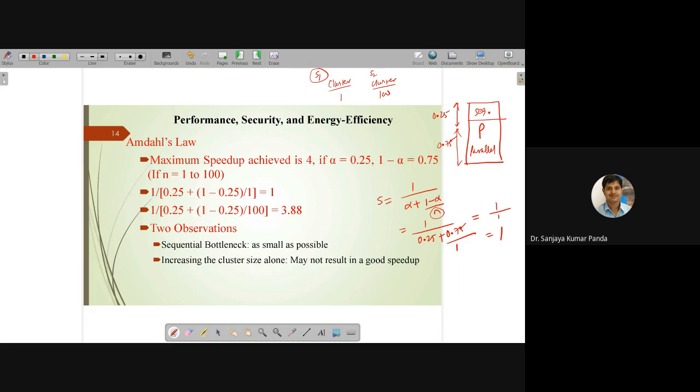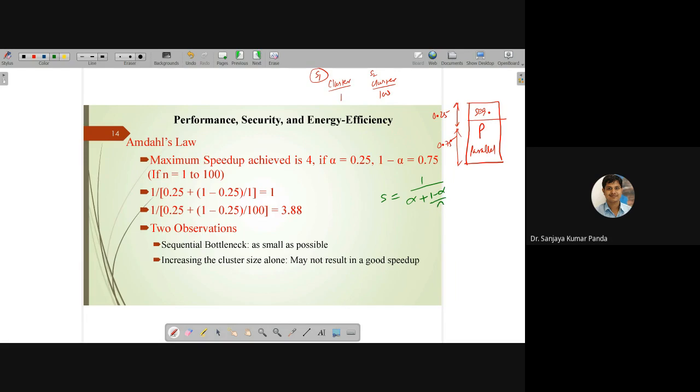That means you are dealing with a single processor system. You don't have a multi-processor system, that's why it is coming as 1. But let us go for scenario 2. S is equal to 1 by alpha plus (1 minus alpha) by n.